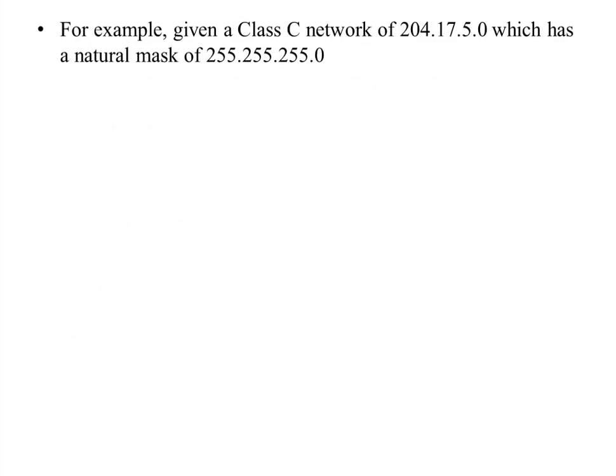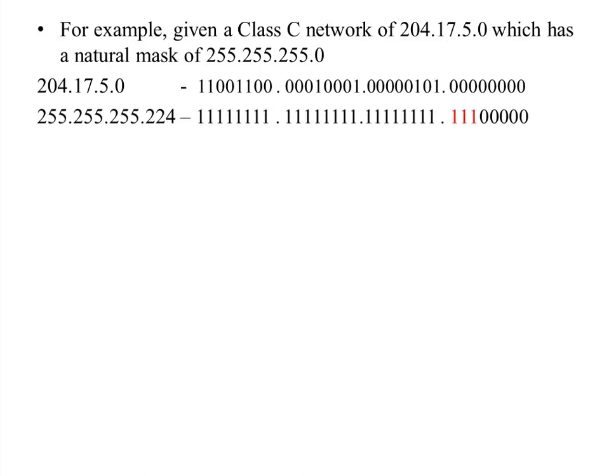Okay. So here you can see the example of class C. Let us consider 204.17.5.0, which is class C, because 192 to 223 will go for class C. So for class C, the natural mask is 255.255.255.0.